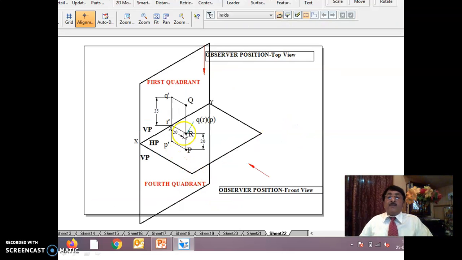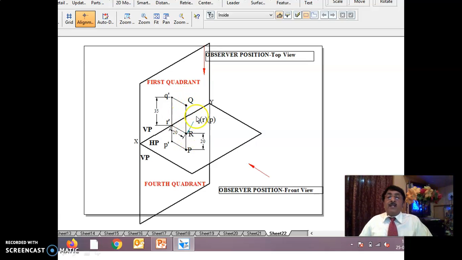You see here, I have just made a simple three-dimensional representation. When you are looking from the top, point Q is here, point R is here, point P is here. The 3 points are one below the other. Can you understand? That is why the top view of all the 3 points appears as a single point.